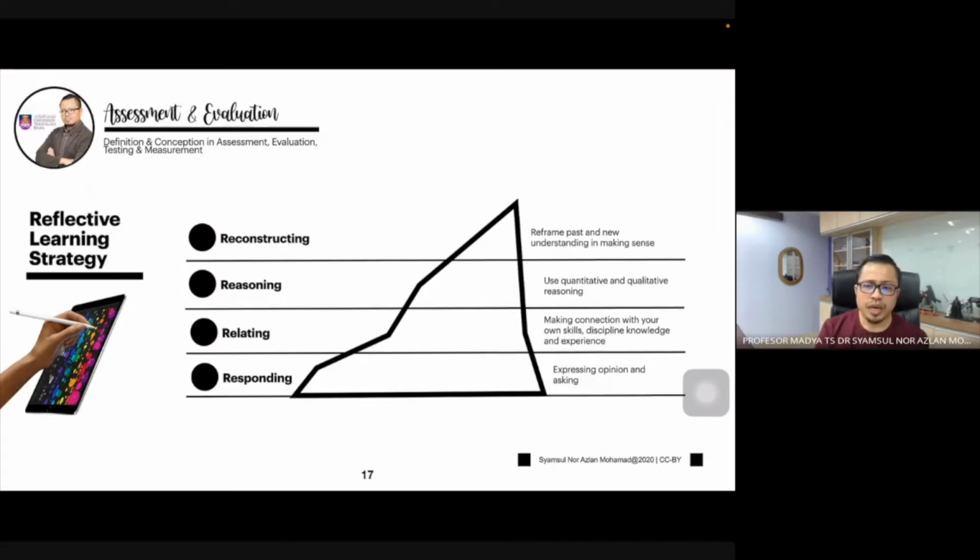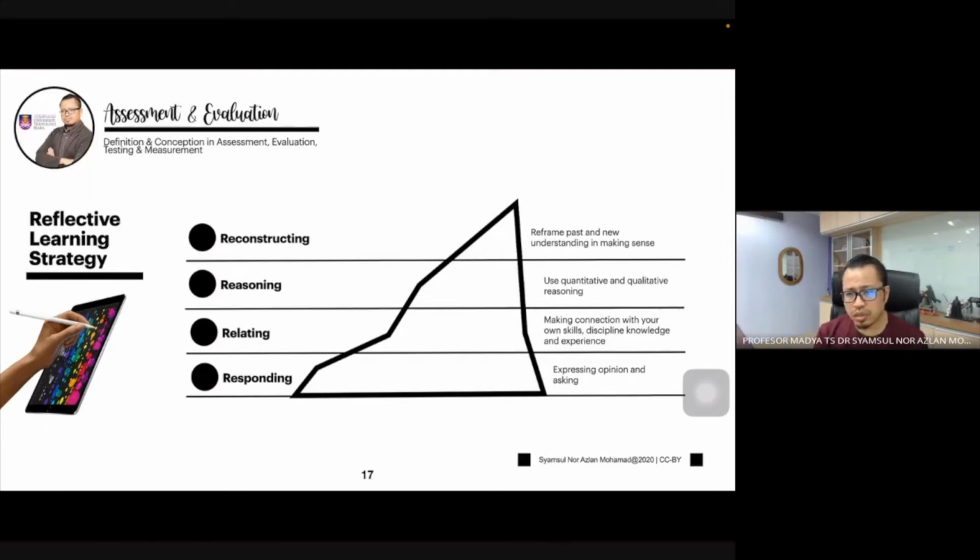So I think that when we come up with very good questions according to the taxonomy domain and also the dimension of knowledge, the questions need to be well designed because we want the students to respond based on the questions. The most important part is to create an environment, an atmosphere, that allows the students to respond first.